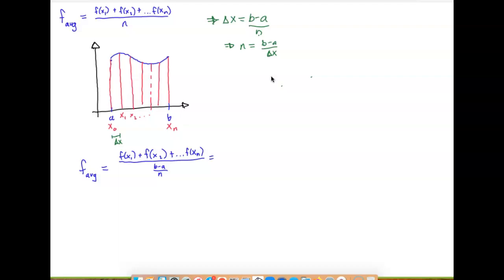So if I flip this and multiply, what I have is f of x1 plus f of x2, and so on, plus f of xn, times delta x, but divided by b minus a.